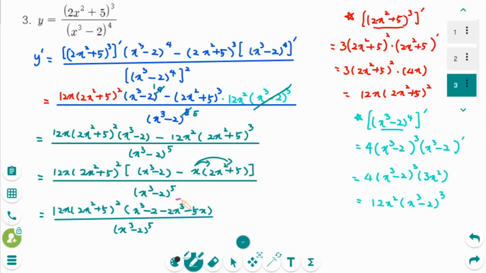Inside the bracket equals −x³ − 5x − 2. So take out the negative sign. Then −12x (2x² + 5)² times (x³ + 5x + 2) over (x³ − 2) to the power of 5.